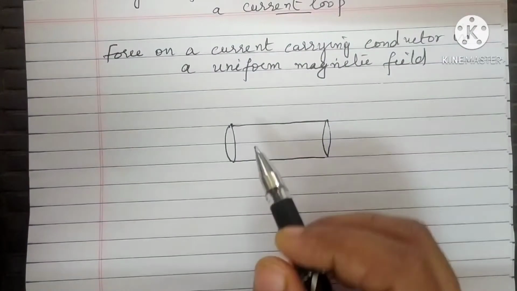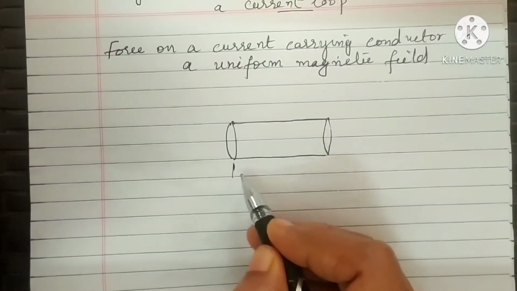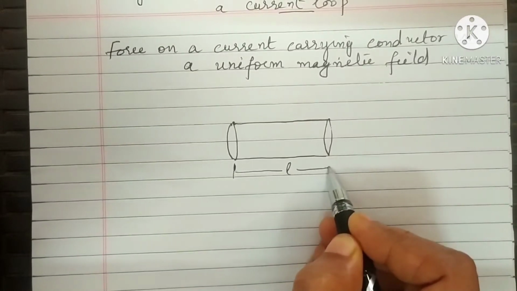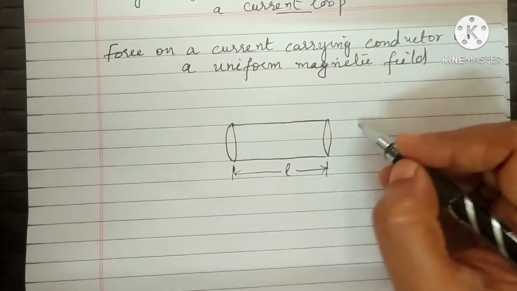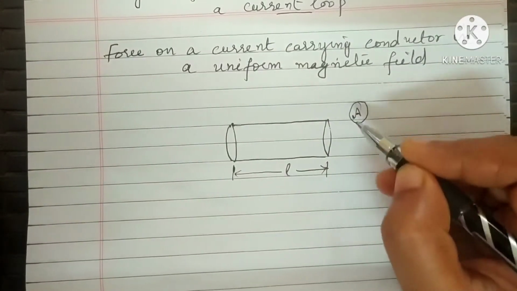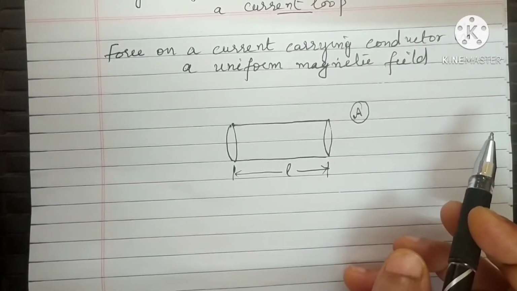Clear? So let us consider a portion of length L and a cross-sectional area A of a straight conductor carrying current.